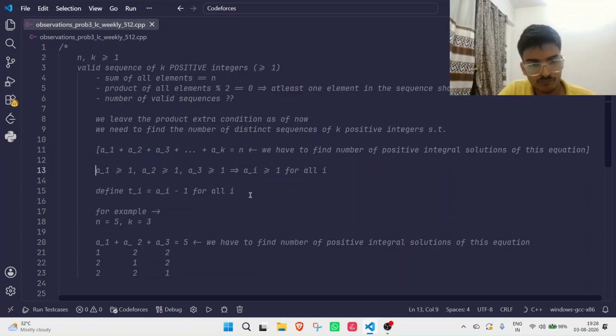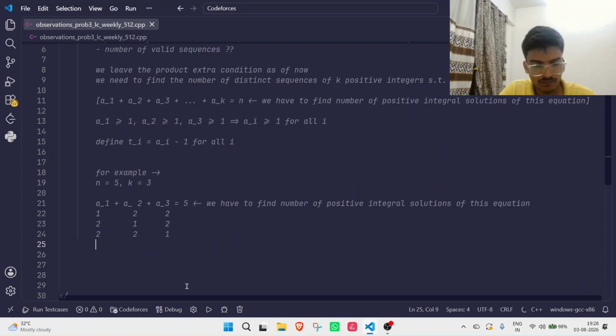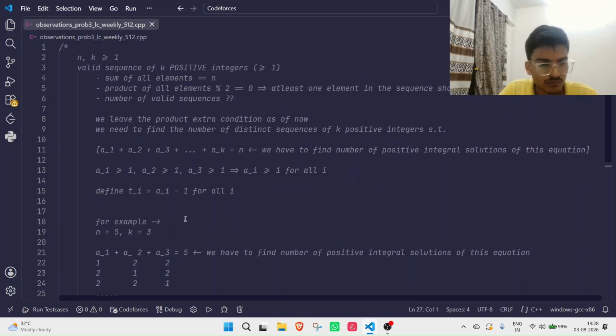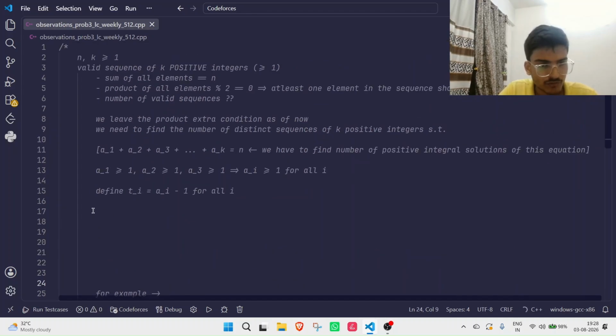There are many more ways. There are a total of 6 ways. So let's forget about that. But as of now, we can write ti is equal to ai minus 1 for all i. And if we substitute, first we know that ti is greater than or equal to 0 for all i, because ai is greater than or equal to 1.